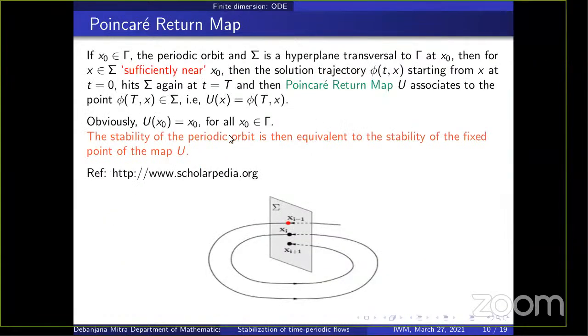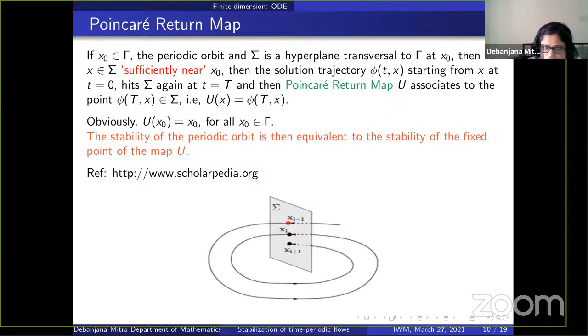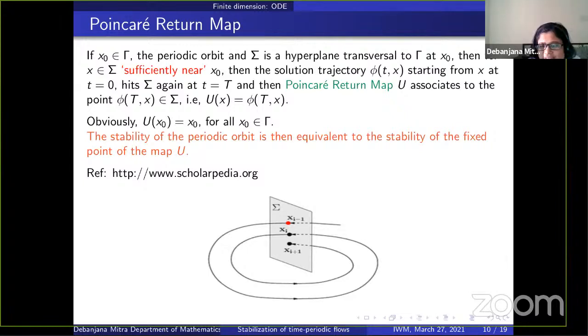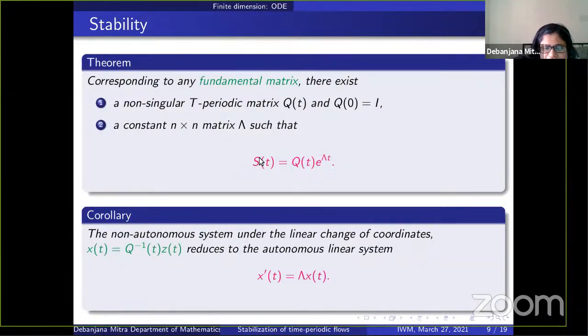So in practice, would one choose one of these two techniques? I mean, they are fundamentally different, right? Floquet theory is inspired from the earlier thing that you described. And this is something else, Poincaré return map and so on. In practice, finding this S(t), the fundamental solution, is not a trivial problem.